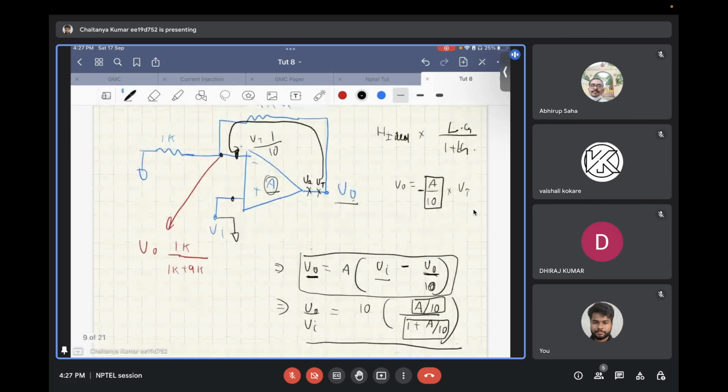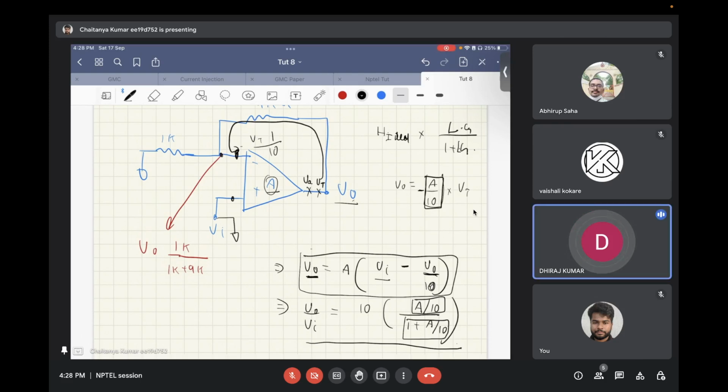Dheeraj, do you have any query? Okay, so the A by 10 is the loop gain.